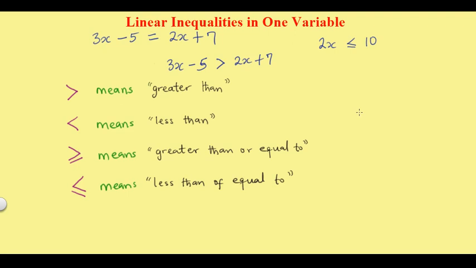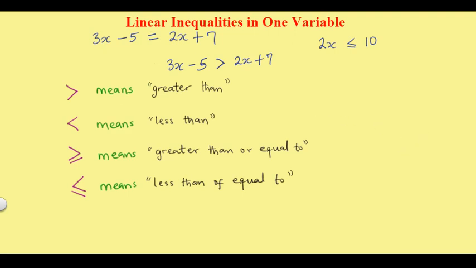However, here in linear inequalities, whenever we divide both sides or multiply both sides of the inequality by a negative number, the inequality sign will change. That is, it will flip to the other side.